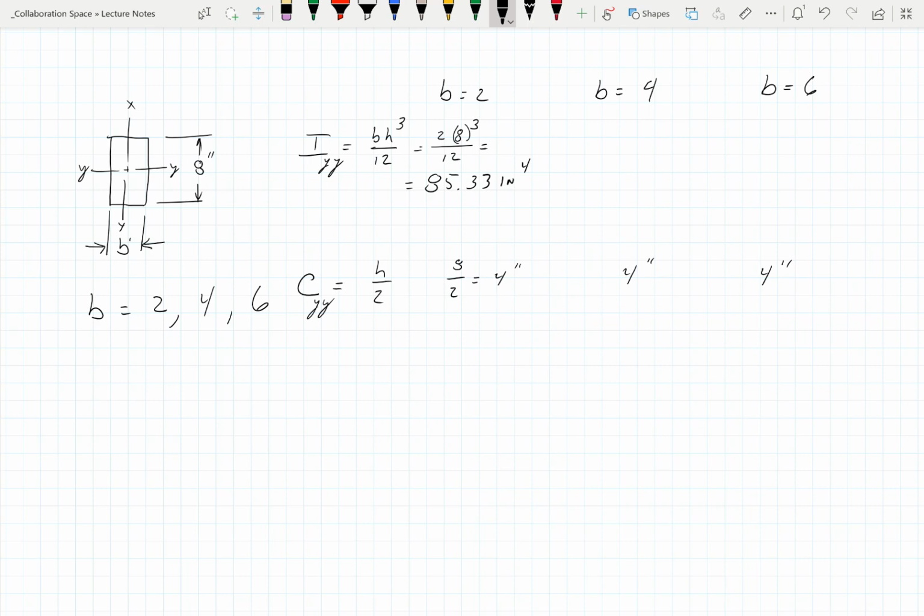What do you got, Carter? 170.67 inches to the 4th. And for B equal to 6.